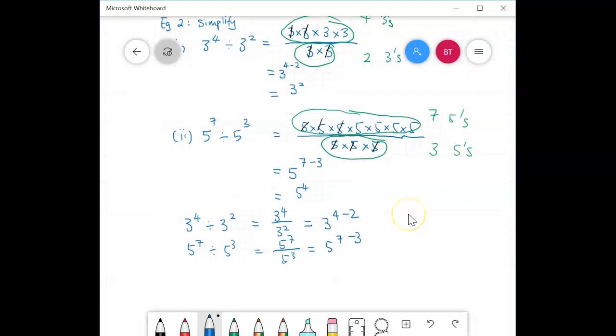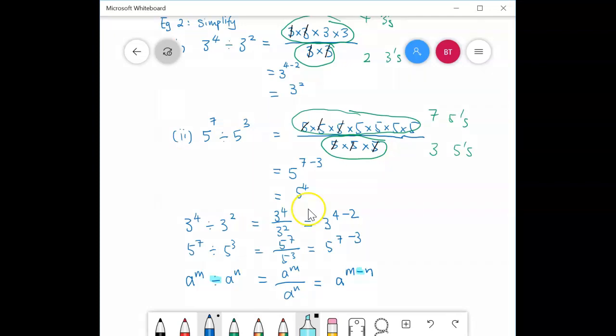And likewise, we can generalize this into a to the power m divided by a to the power n, giving us a to the power m over a to the power n, which gave us a to the power m minus n. Again, I would like to draw your attention to the fact that if it's a division between two numbers of the same base a, the power gets subtracted.